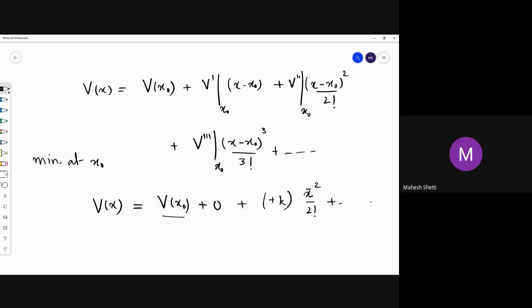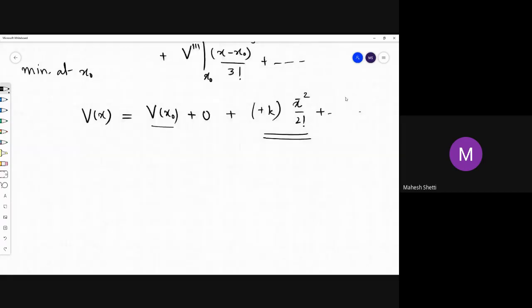But now if I take that extra displacement as a small value, all higher terms can be neglected, and then what I get is a parabolic potential. So basically what I get is V of x is equal to V at x0, a constant, plus half k x square. Okay, 1 by 2 factorial is half. If I write the force as minus the gradient of potential.